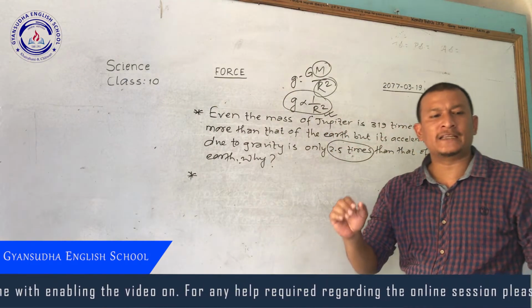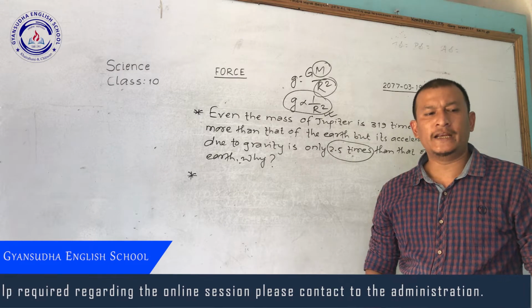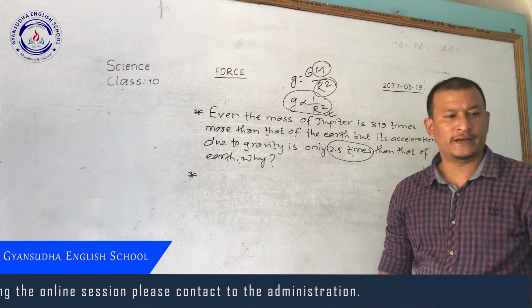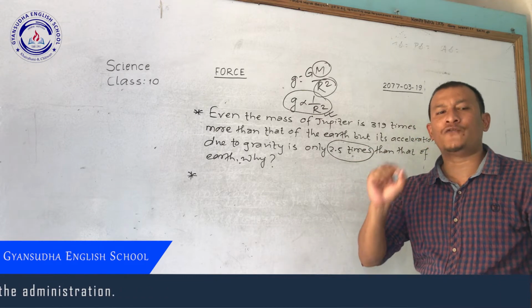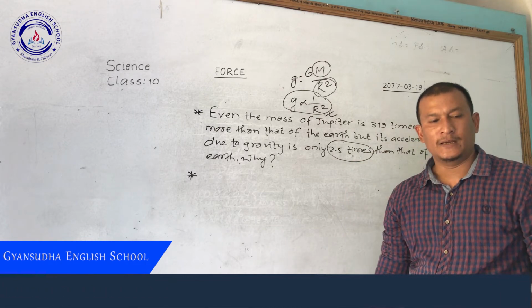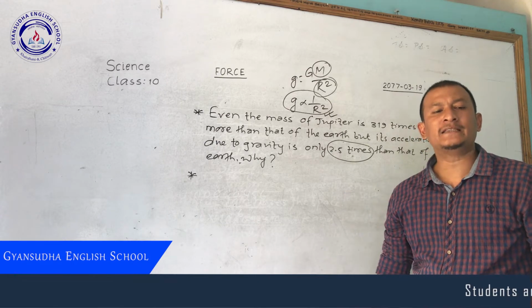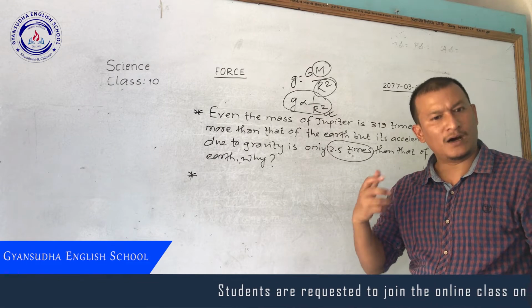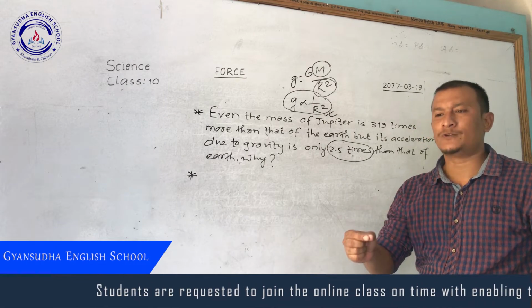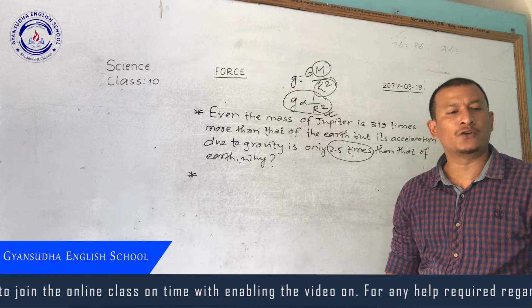When an object is taken from the surface of the earth to the moon, its weight decreases because the value of acceleration due to gravity is about 6 times less than that of the earth. So the weight of the object is reduced by 6 times as W equals mg.